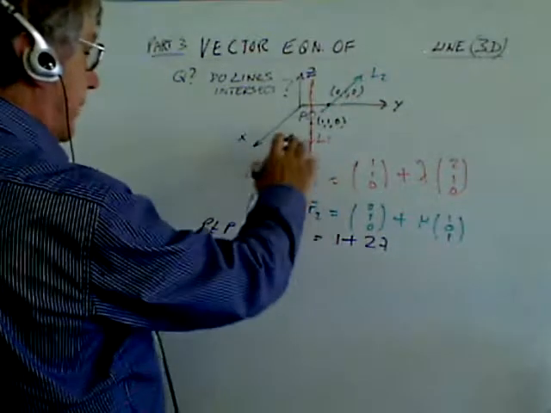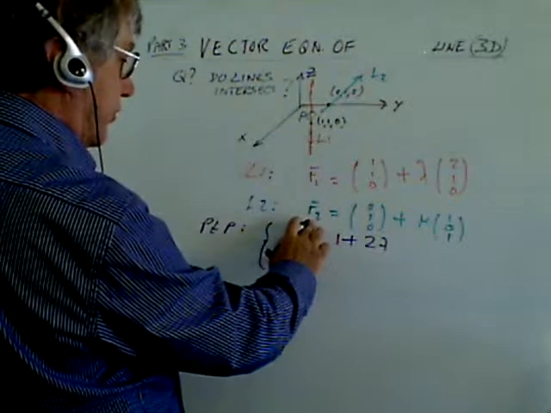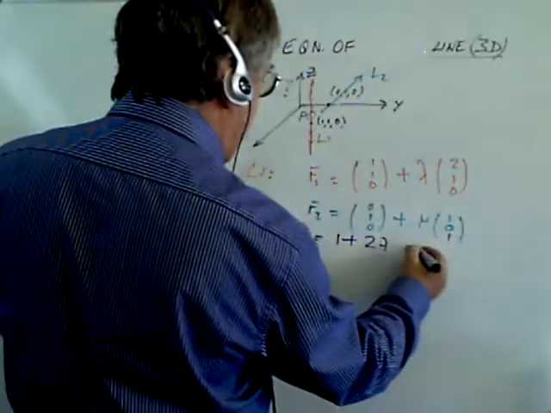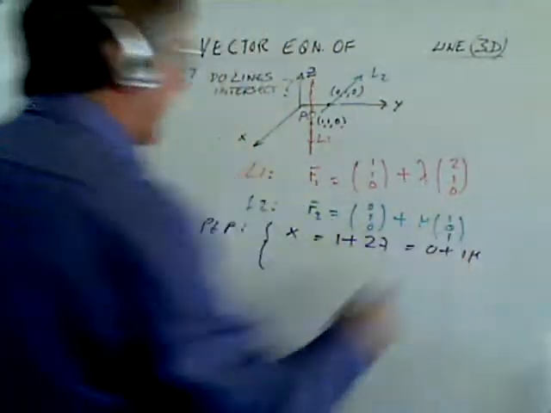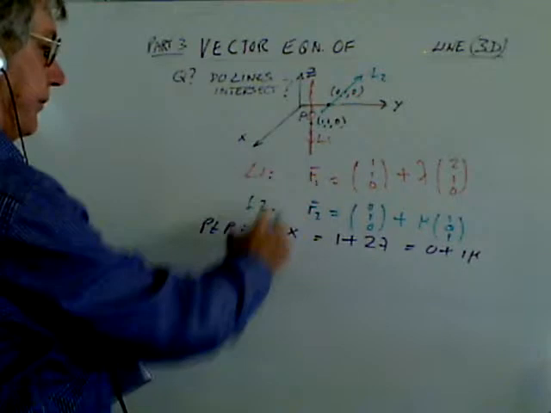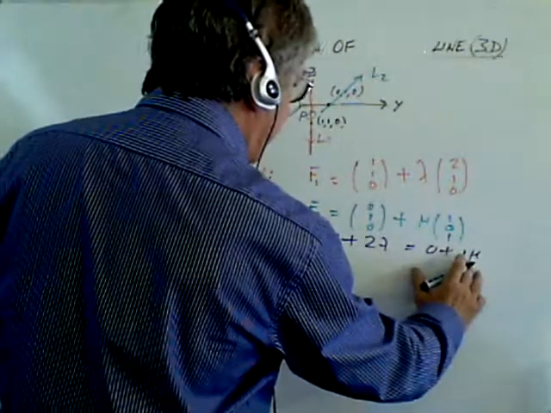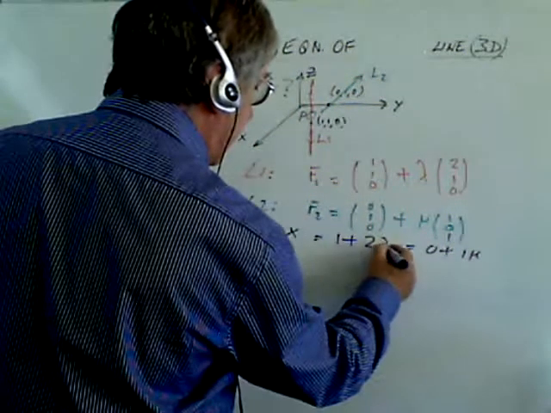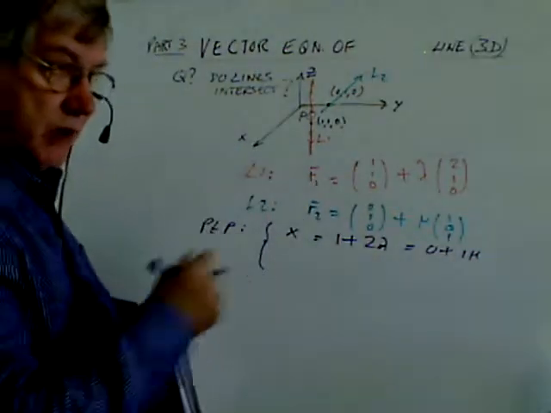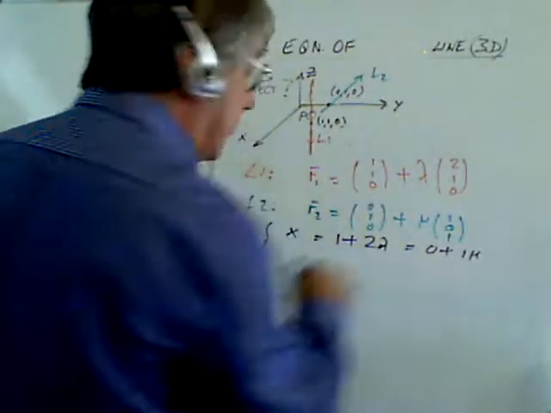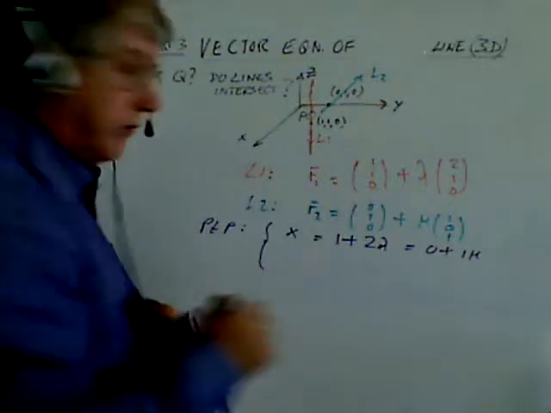But because it's the same point in R2, it's going to be 0 plus 1 mu from line 2. So that equation has to be satisfied for a particular lambda and a particular mu, which we'll have to work out. Only got one equation and 2 unknowns, cannot be solved.